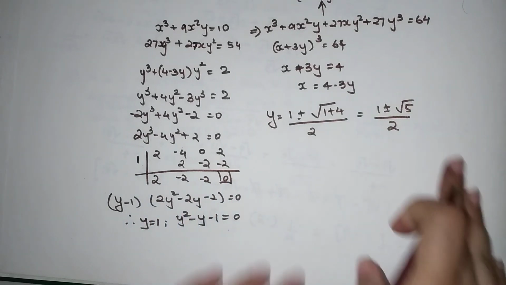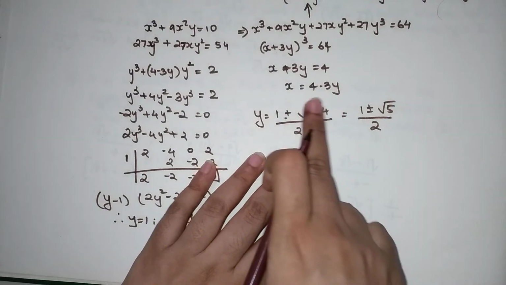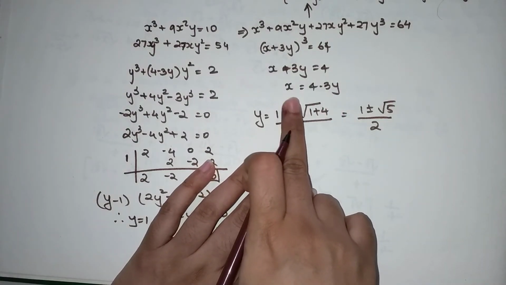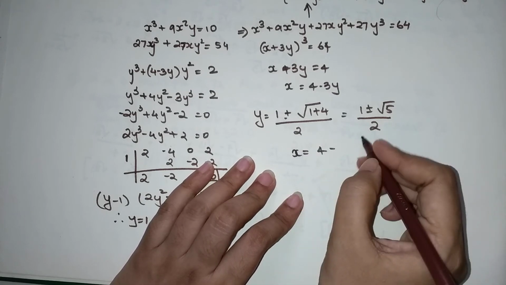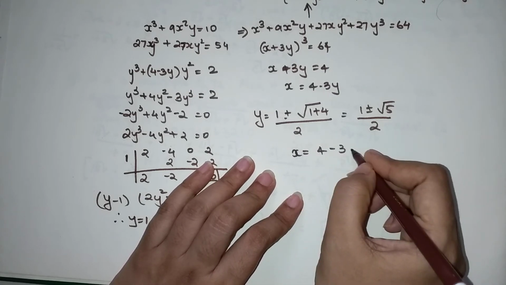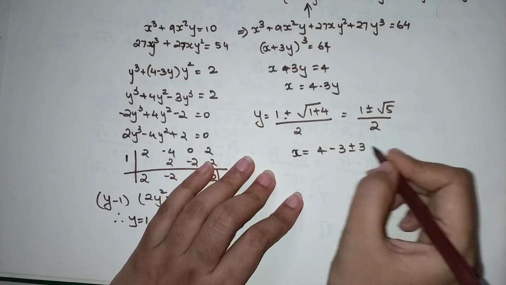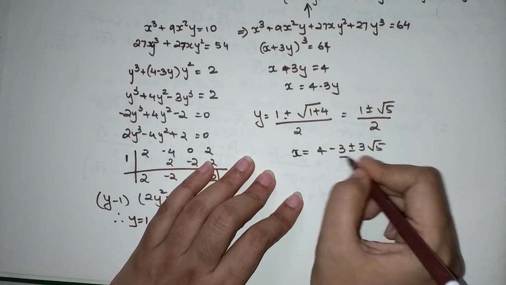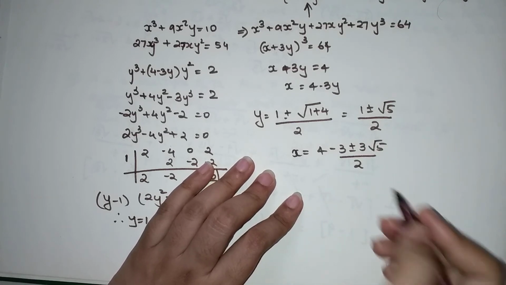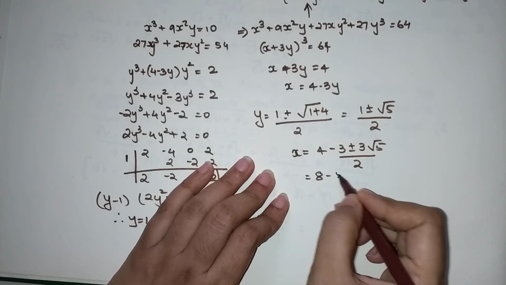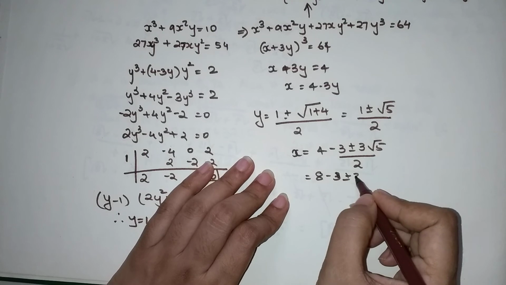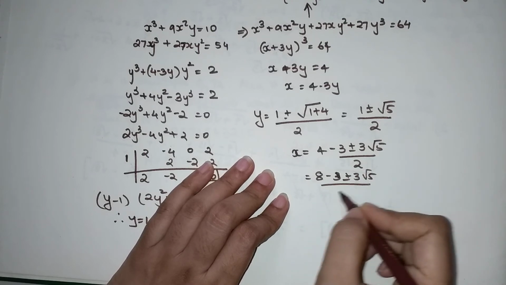Now substituting that over here for x. When you do that, you get x is equal to 4 minus 3 times (1 plus minus root 5) upon 2. So that is nothing but (8 minus 3 plus minus 3 root 5) upon 2.